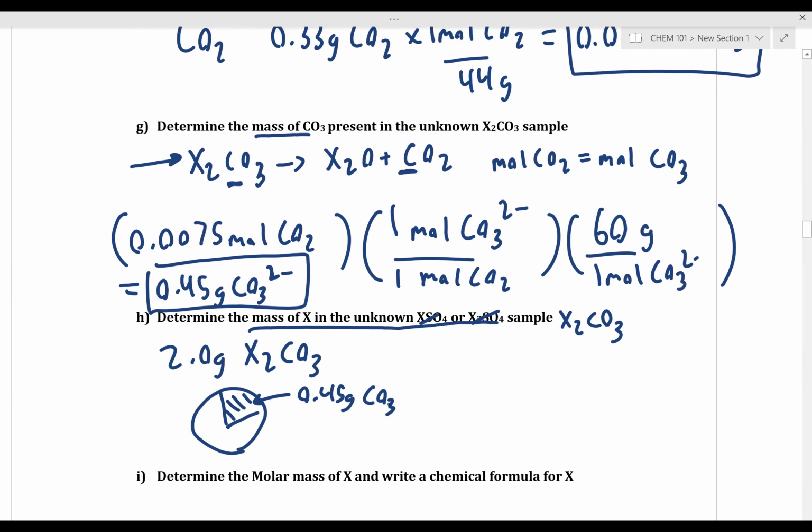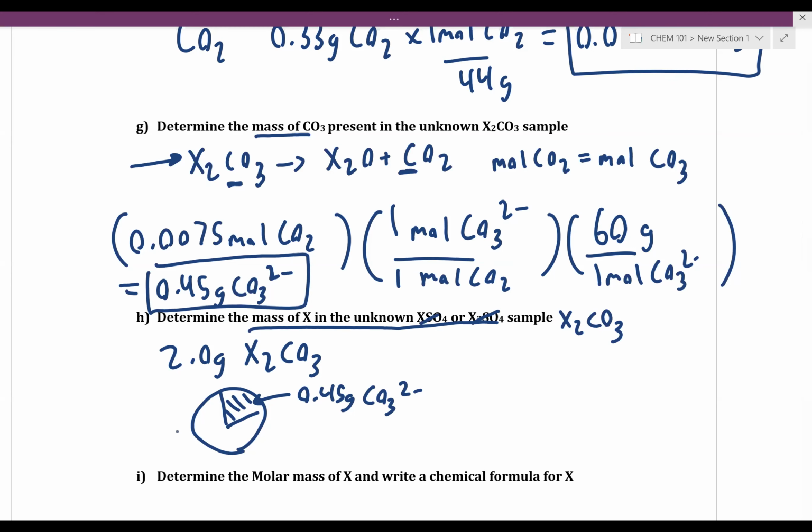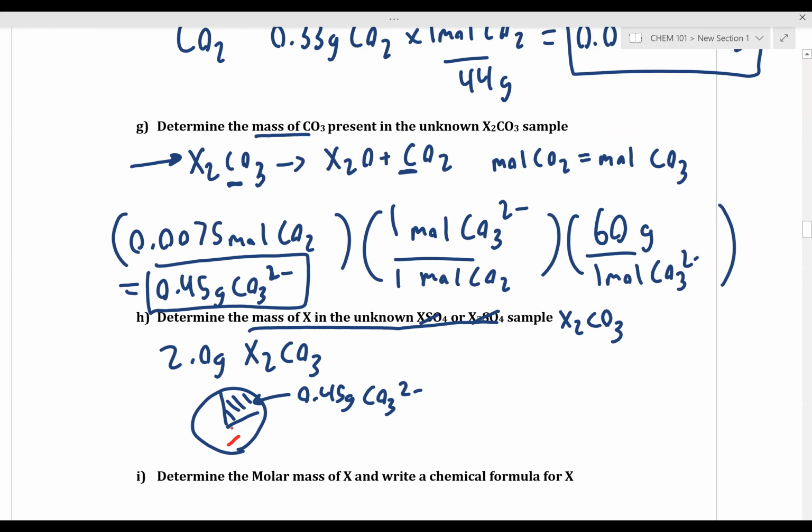What is the remaining mass of our sample? If we have 2 components, a metal X and carbonate, what's our remaining mass going to be? If we have 0.45 grams of carbonate, what is this other mass representing? What is it the mass of? The metal, exactly. So this other mass, the other portion of our 2 grams, is our metal X.